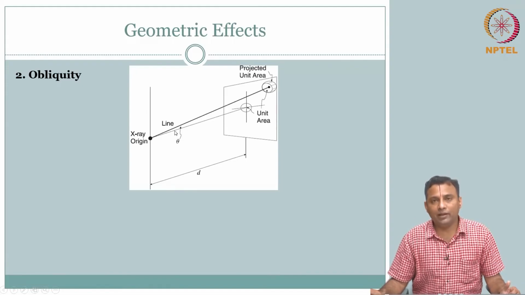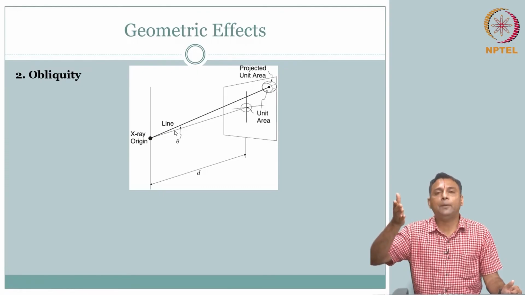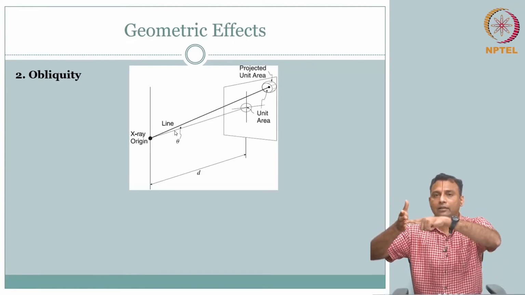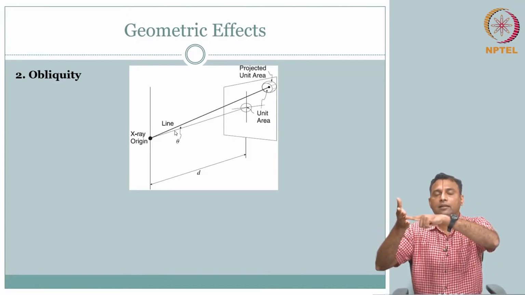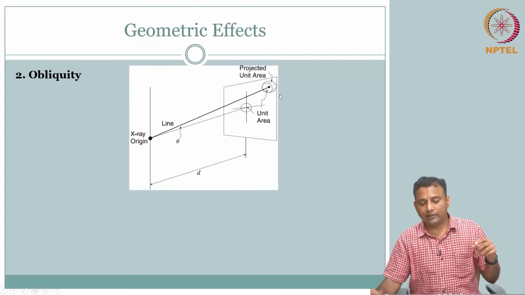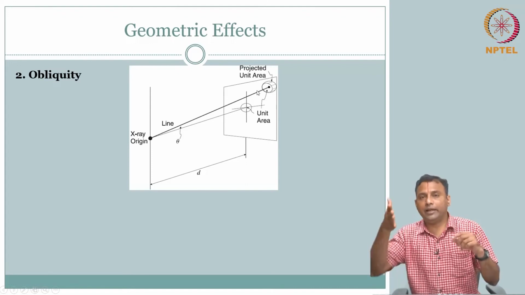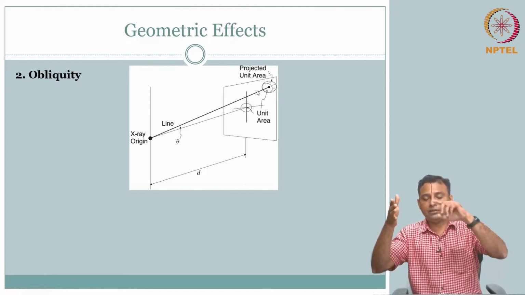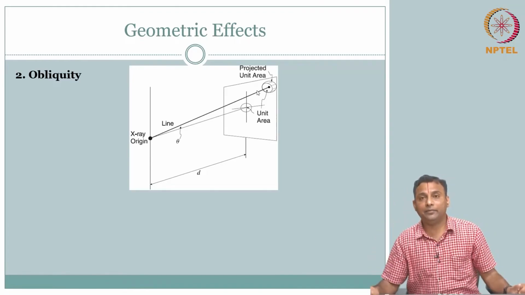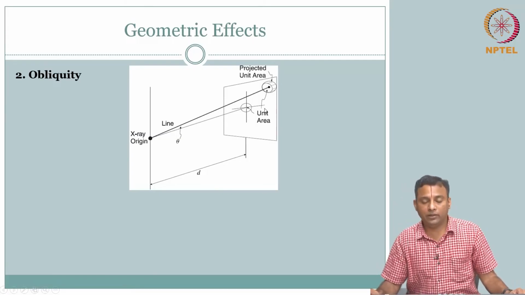But when we talk about some angle, where is its effect? If it has a theta tilt, what is going to happen? I have a center, center to center. If it is slightly tilted like this, you can see from the cartoon that if you have a unit area at the center, and it is going towards the end because it is oblique, that same area will be projected onto a larger area on the edge.